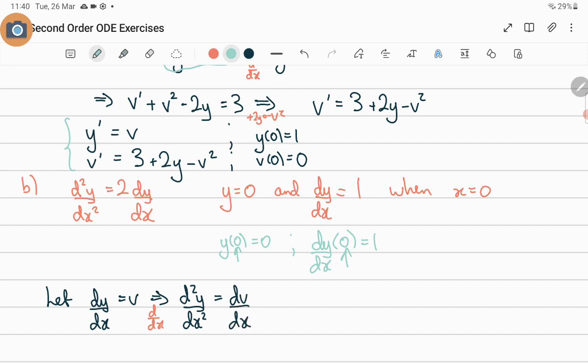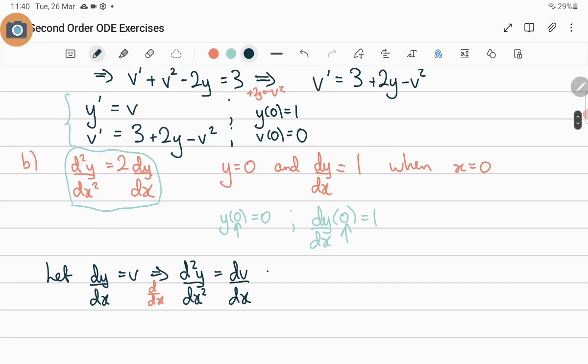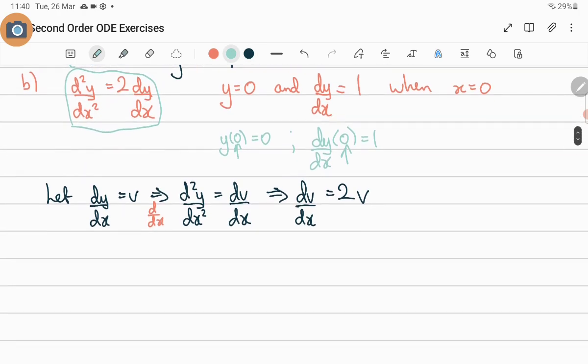And now carefully write our differential equation in terms of v. So the second derivative is dv dx equal to twice the first derivative, and dy dx we've already said is v. So now we know dy dx and we know dv dx, we can write down the two initial value problems.